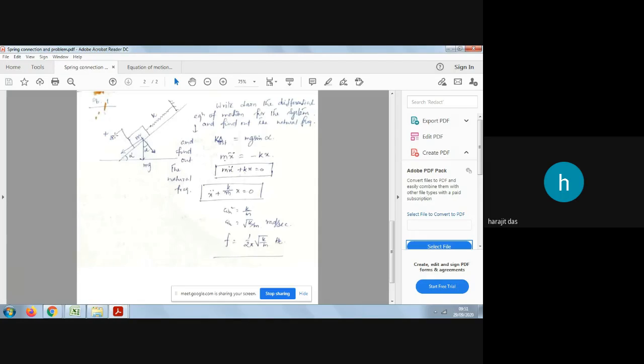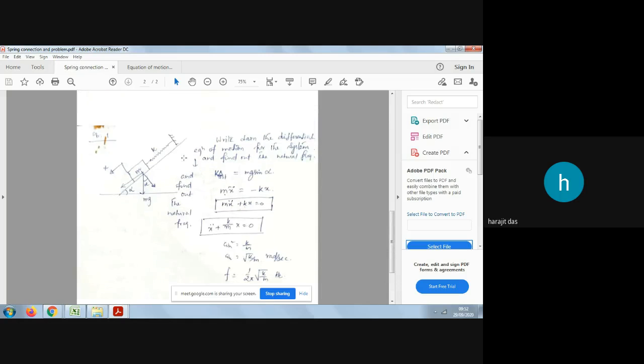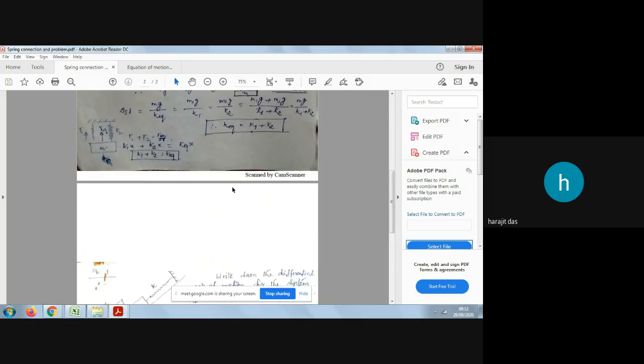I have told you that it is found by using the mass of the system and the stiffness of the system. So here you need to find the mass component and the stiffness, and also the equation of motion for this particular system. This one we will cover in the next class.